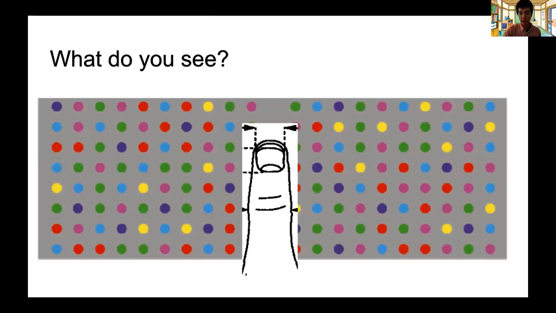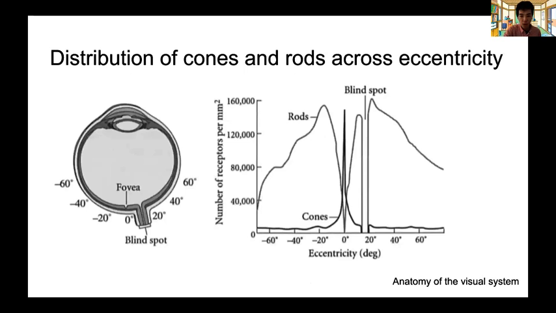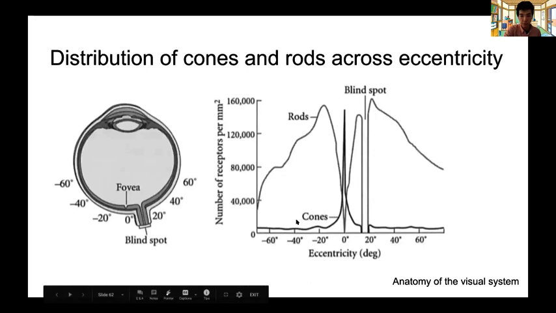Without answering this question from my side, I want you to introspect: what did you see in terms of color outside of the fovea? As I said, the fovea is around your thumb, and the cone density that is responsible for color decreases quite a bit.